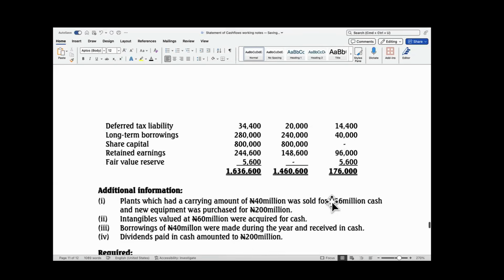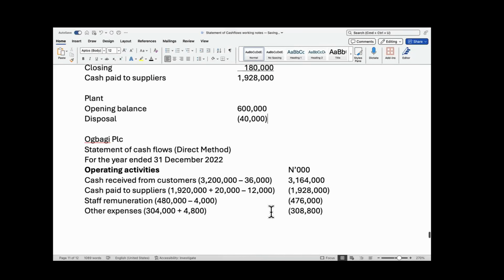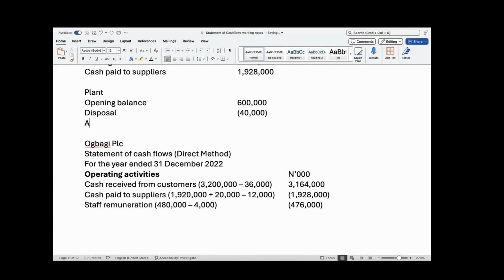I picked the carrying amount. They say it was sold for 56. I know that it's this 56 that will go to cash flow, but this is the carrying amount that will come into movement. And a new equipment was acquired for 200. So addition, 200.